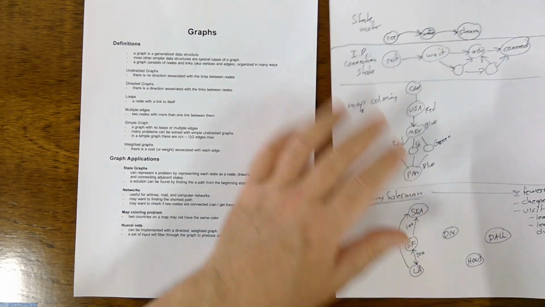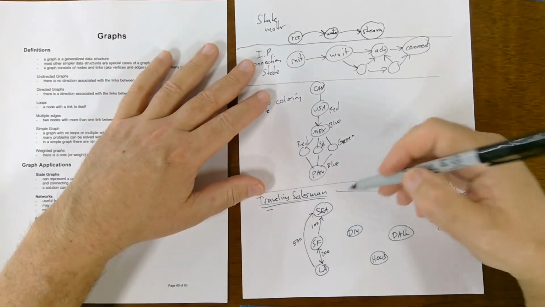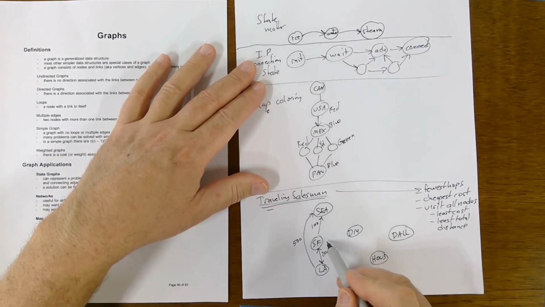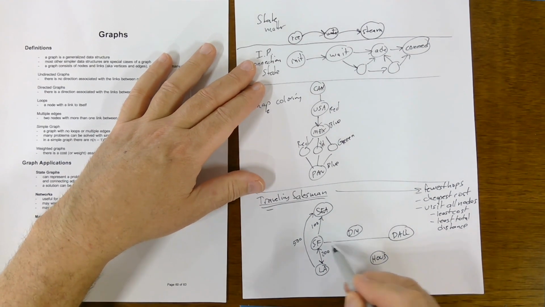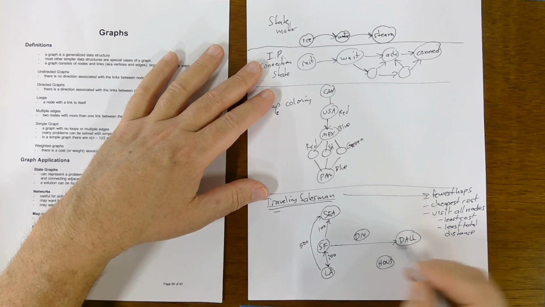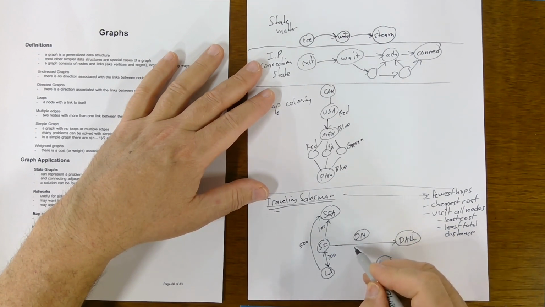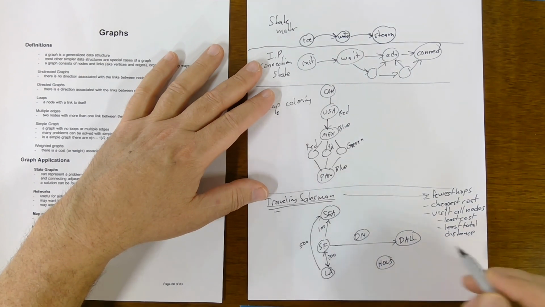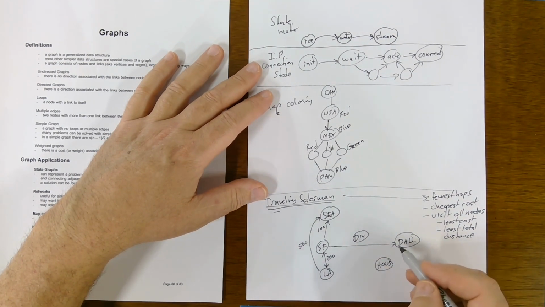A good example of that is in actual networks. Let's say this was an Ethernet, or not an Ethernet, but a fiber optic network or something cross country. There might be a latency period, a latency time.